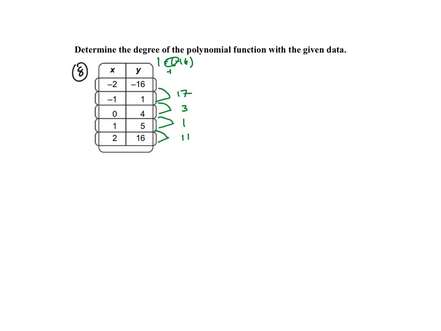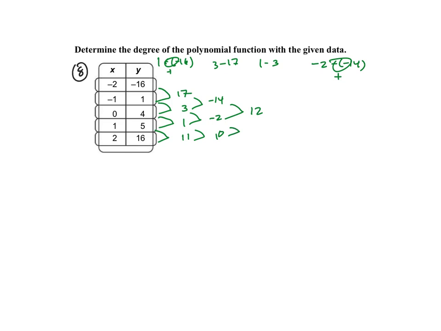Now I'm going to start again. 3 minus 17 is negative 14. 1 minus 3 is negative 2. And 11 minus 1 is 10. It's 10, right? So now negative 2 minus negative 14, this is 12, and this is positive.